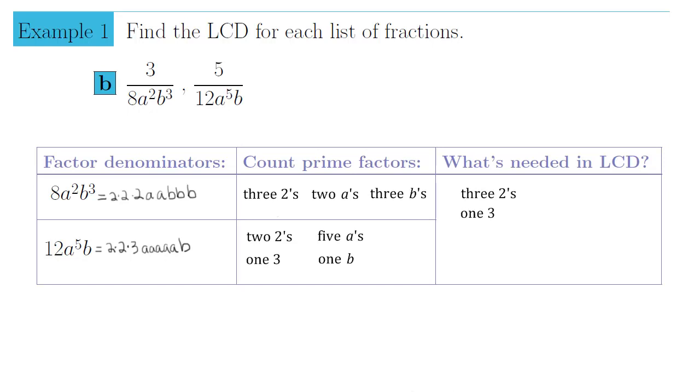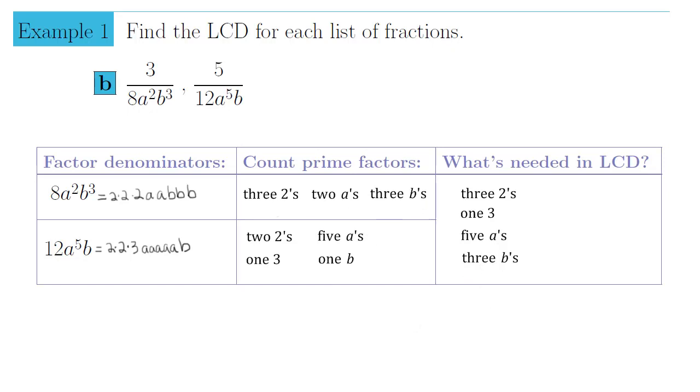We have only 1 3 because 3 only occurs one time, and that's in the second factorization. We have 5 a's because 2 a's versus 5 a's, the greatest number would be 5 a's. And then finally, 3 b's because 3 b's is greater than 1 b.